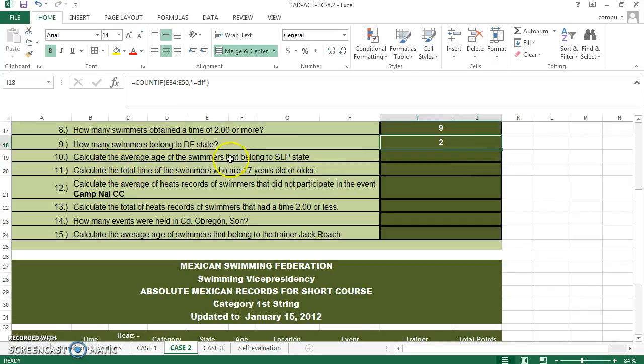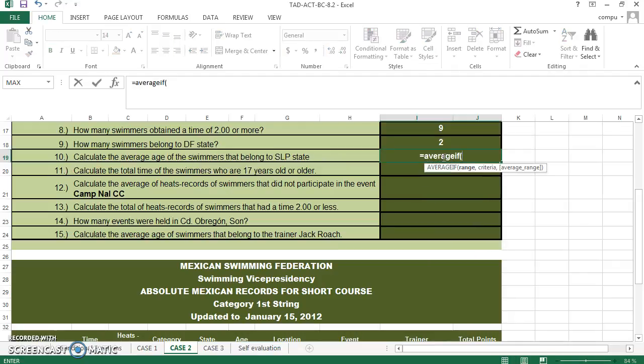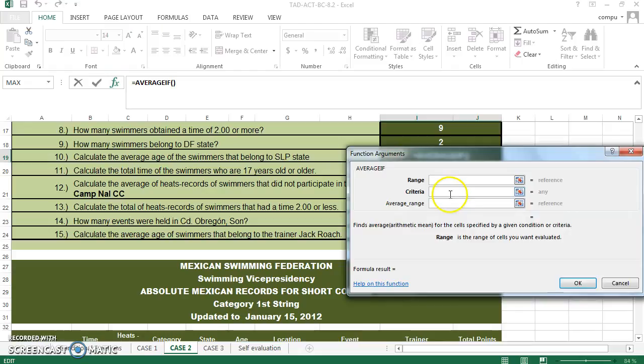Calculate the average age of the swimmers that belong to San Luis Potosí state. Then it's AVERAGEIF, my condition is location equal to San Luis Potosí.